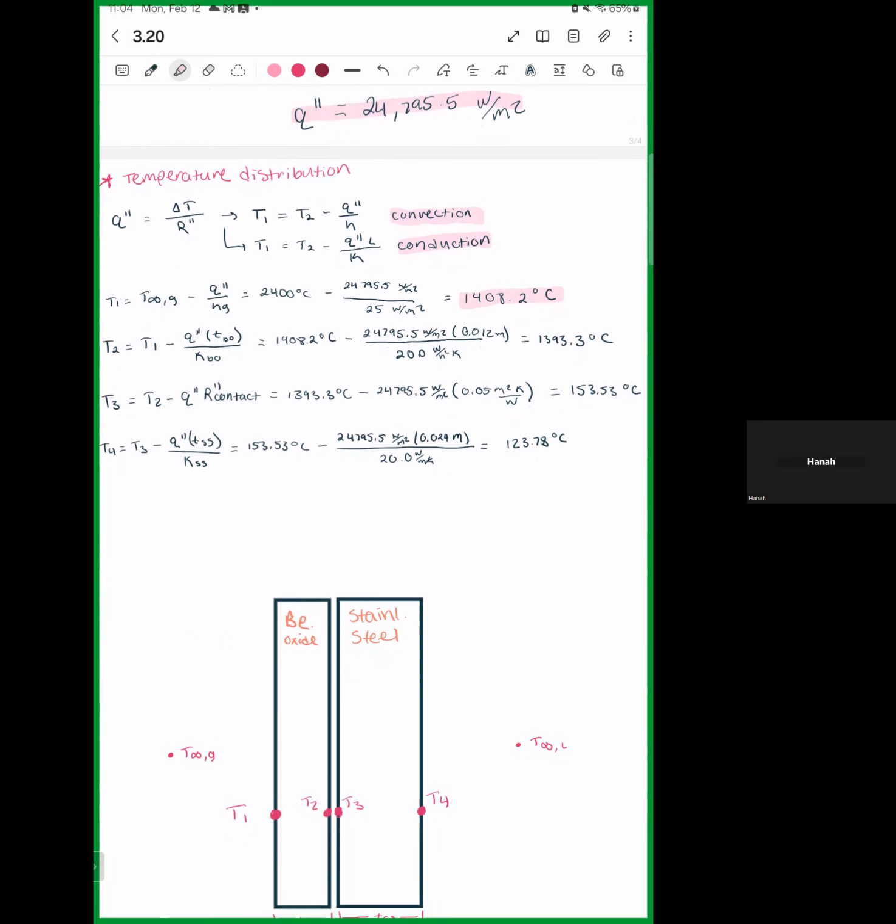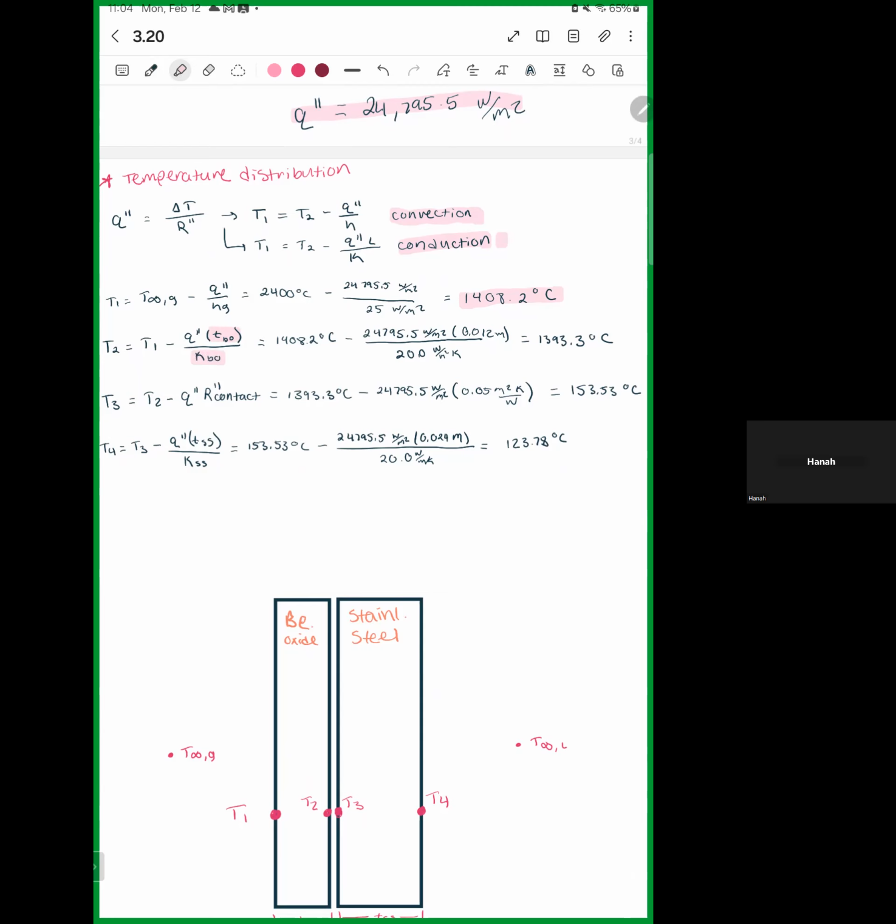So then for T2, we'll be using the conduction equation between T1 and T2, and the conduction is through the beryllium oxide. So to find T2, we have T2 equals T1 minus Q double prime multiplied by the thickness of the beryllium oxide, divided by the thermal conductivity of the beryllium oxide.